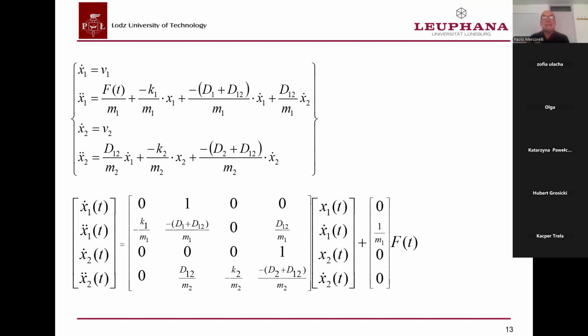The derivative of the state equals the matrix, which we can see here, which multiplies the state. The state is position and velocity of mass m1 and mass m2.